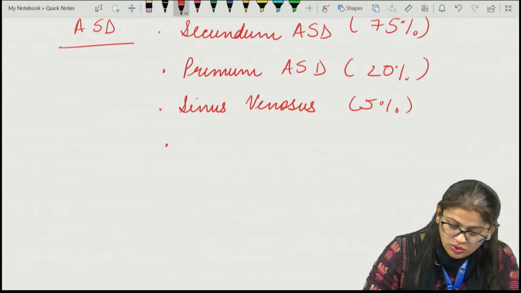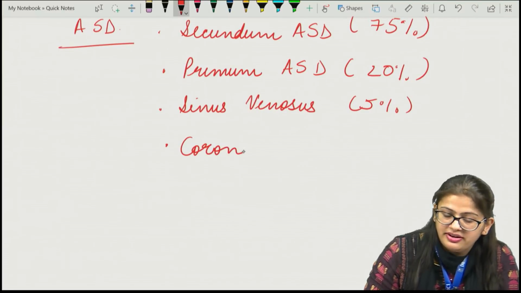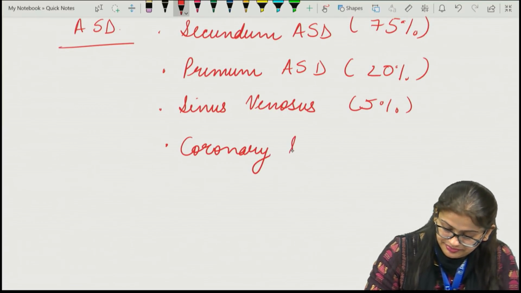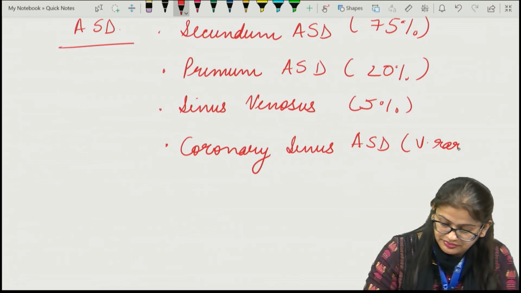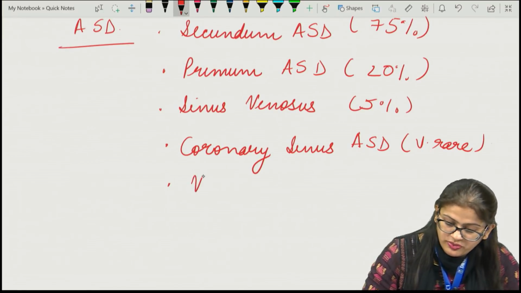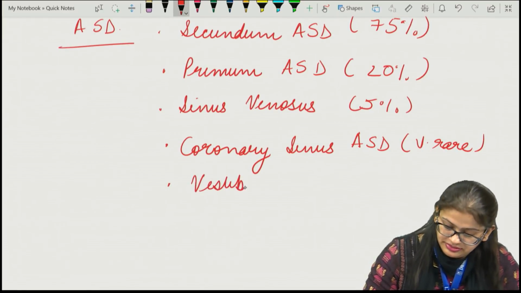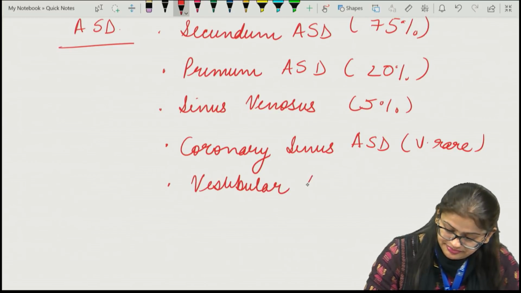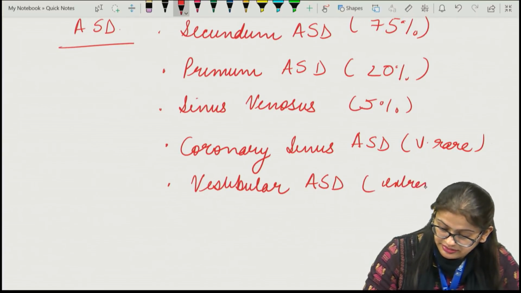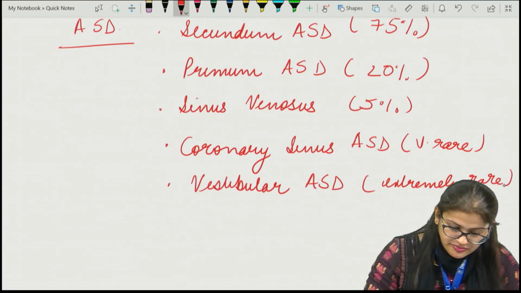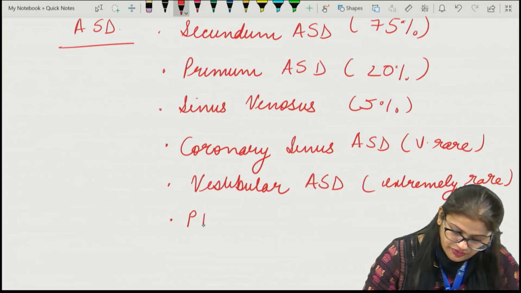It can also be a coronary sinus ASD, which is very rare. It could be a vestibular ASD, which is again extremely rare. Or there can be a patent foramen ovale.